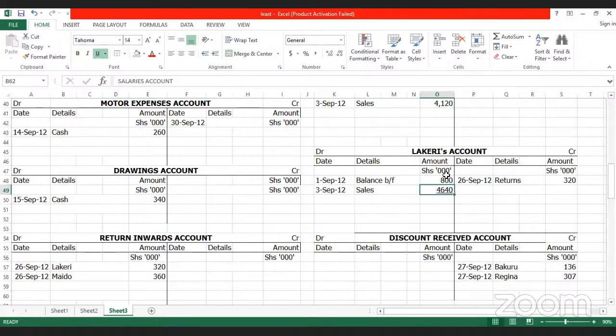When you look at the account, you'll see there was an opening balance of 800. There was a sale made on credit to Luckey of 4,640,000. But then, of course, Luckey returned some goods. So what is 800 plus 4,640 minus 320, because there was a return.